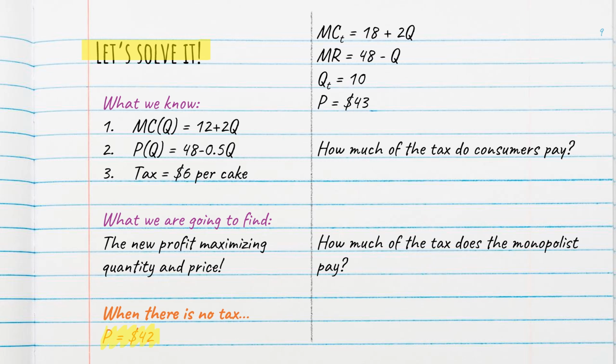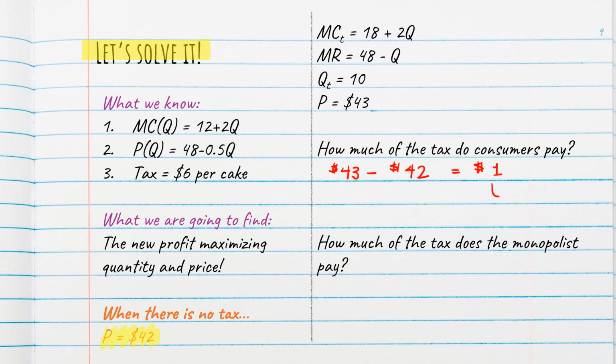So consumers used to pay $42 when there was no tax. Now they pay $43, the price with the tax in place. So to figure out how much of the tax consumers pay, we're really just going to subtract what they're paying now minus what they used to pay and observe that they pay $1 more because of the tax.